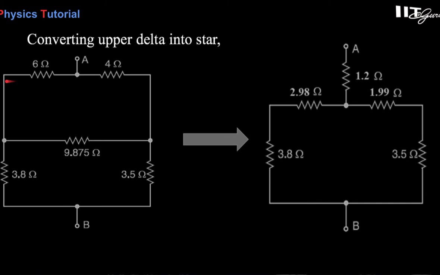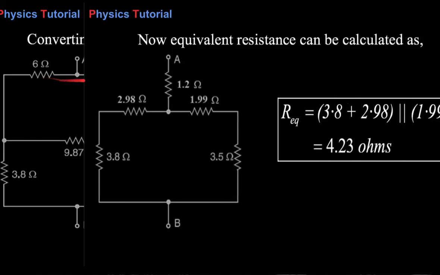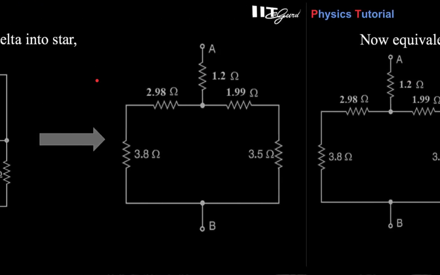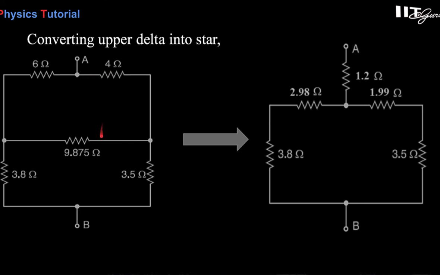If you see over here, this point, this point, this point, delta, we are planning to convert this delta into star, that is 6, 4 and 9.875. If you convert this into a star, then you will find 1.2, 2.98 and 1.99. And you can see over here, 3.8 and 3.5 are as they are.